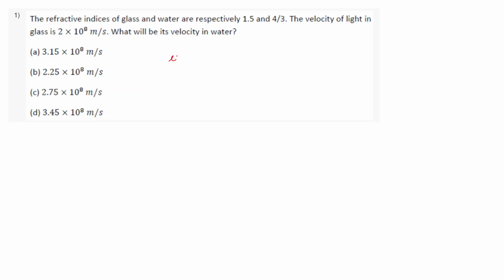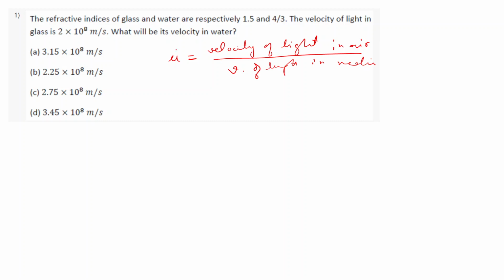The refractive index is given by velocity of light in air to velocity of light in the medium. This is how we define a refractive index for the medium.